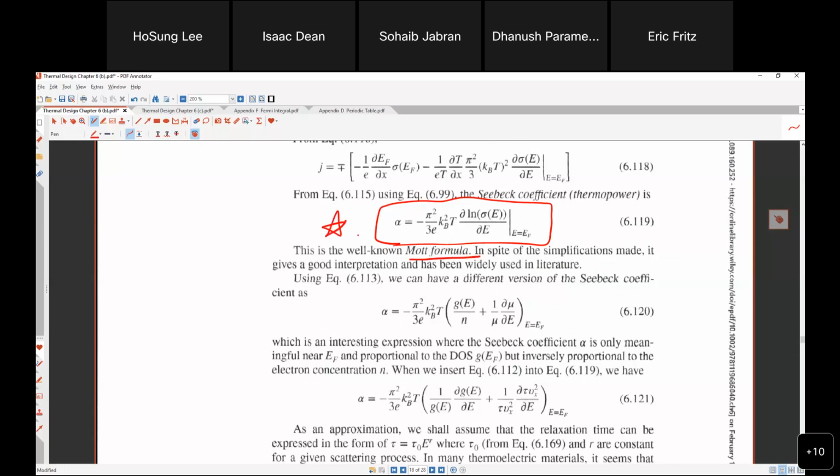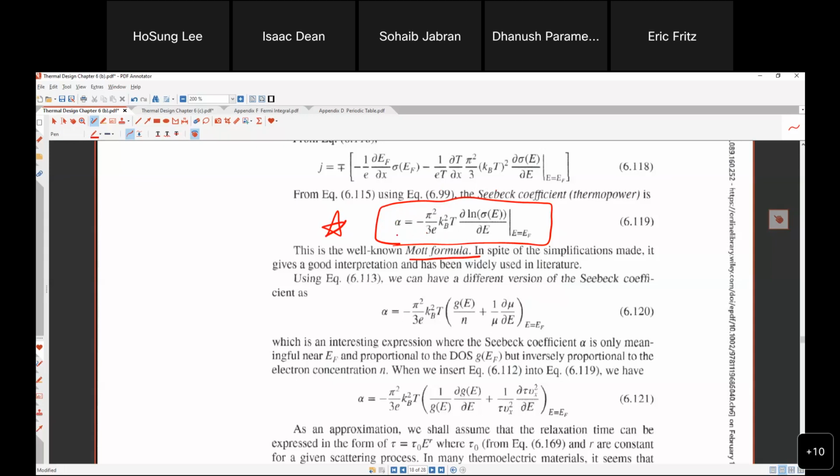So important, because we like to understand what Seebeck is from the physics, even with the metal assumption. Keep in mind, still we assume the metal.